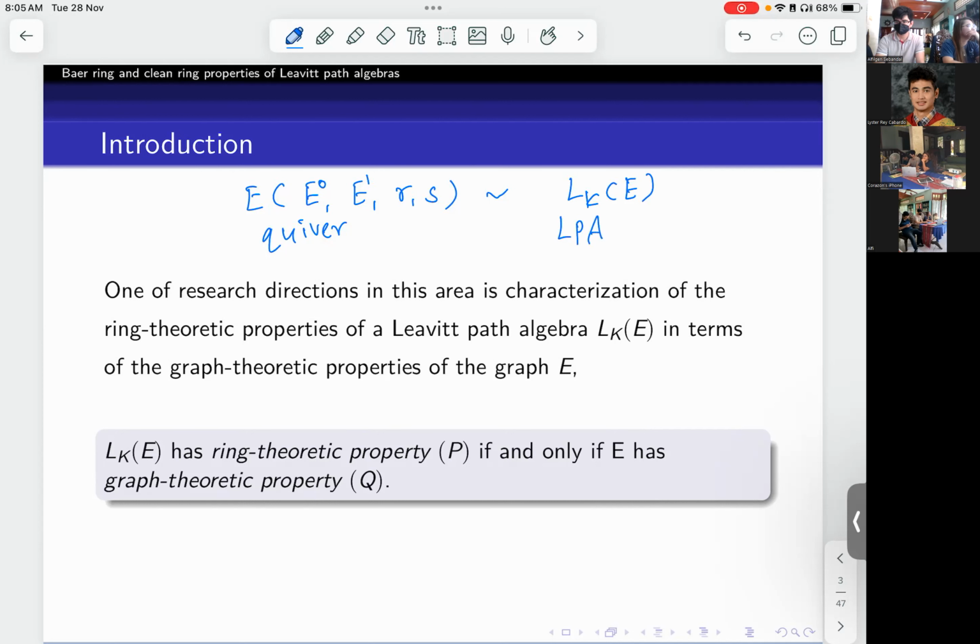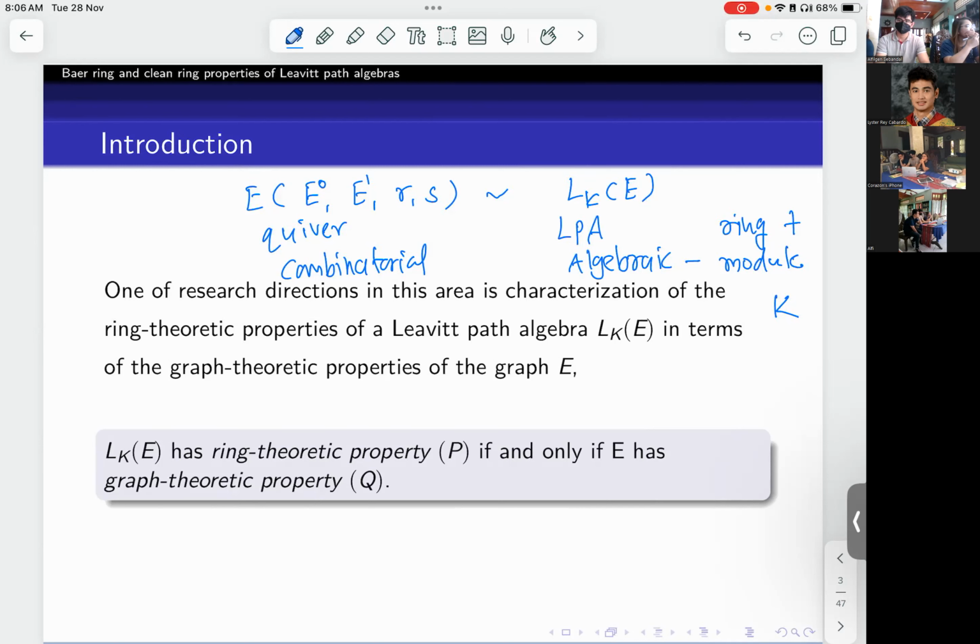So it is natural, when we associate one object to another, that we have a combinatorial object on one side, and the Leavitt path algebra is an algebraic object. By algebra I mean a ring as well as a module. Let us fix some field K, and it will be a module over the field K. So it is natural to ask, if the quiver has certain properties, what is the analogous property that we can get on the algebraic side?